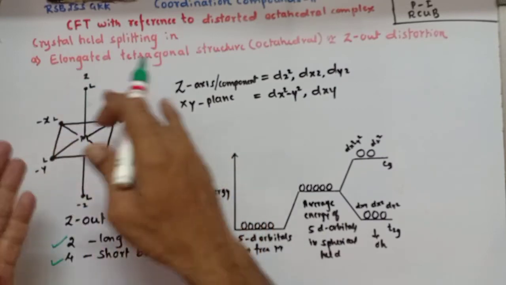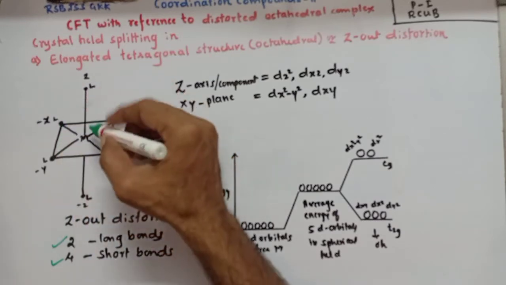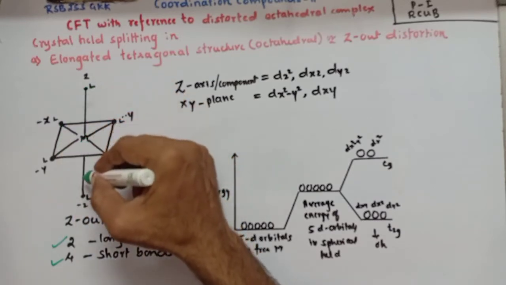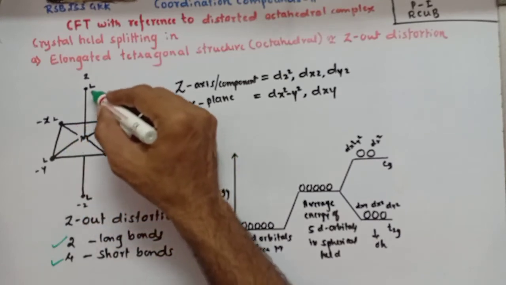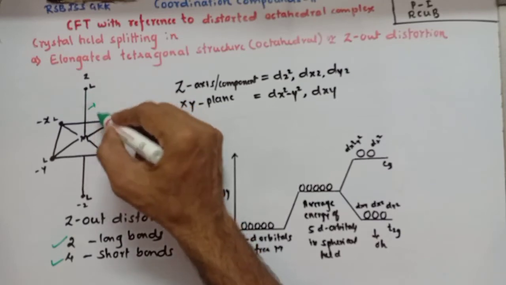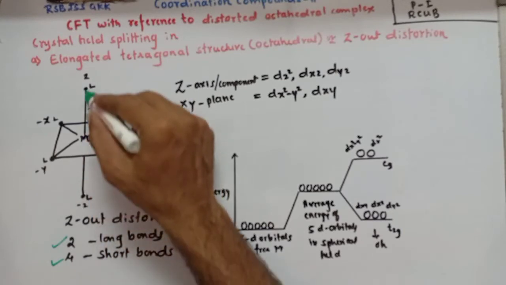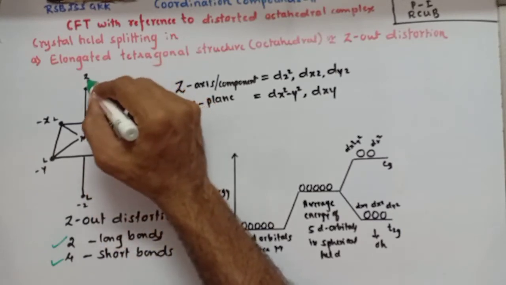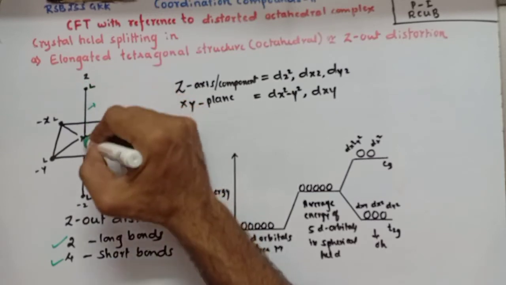Now if this is the situation, in an elongated tetragonal structure, what will happen? The two bond lengths are more when compared to the other four bond lengths. The ligands along the Z axis have a longer bond length than the ligands in the XY plane, so they are a little bit away from the center metal ion.